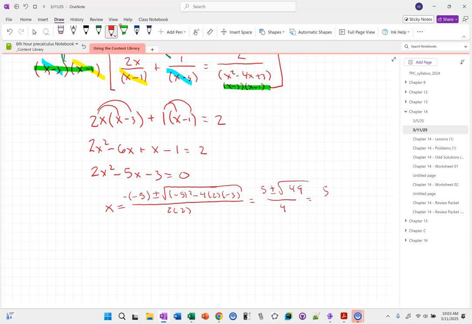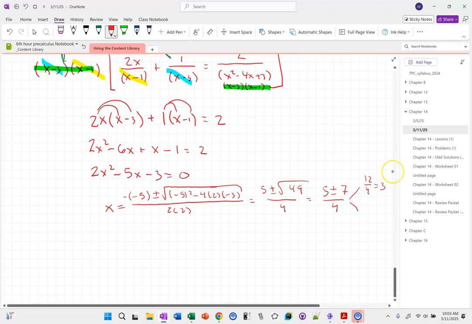The square root of 49 is 7. 5 plus 7 over 4 is 12 over 4, which is just 3. 5 minus 7 is negative 2 over 4, which is negative 1/2. So I have x equals 3, and then x equals negative 1/2.